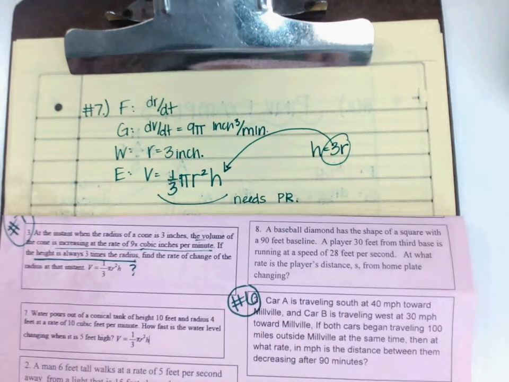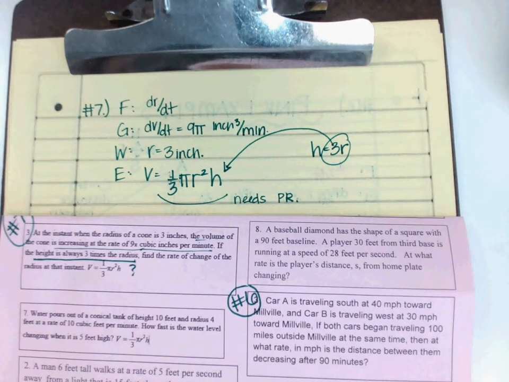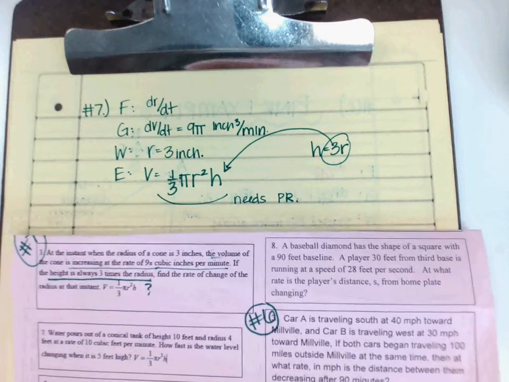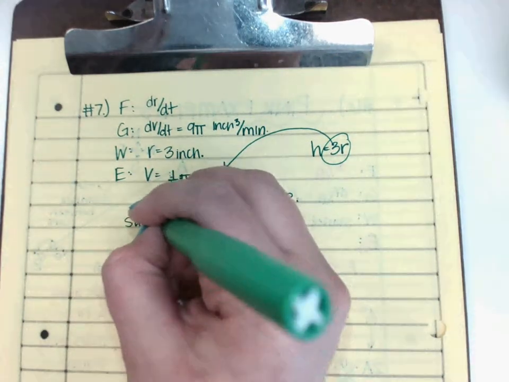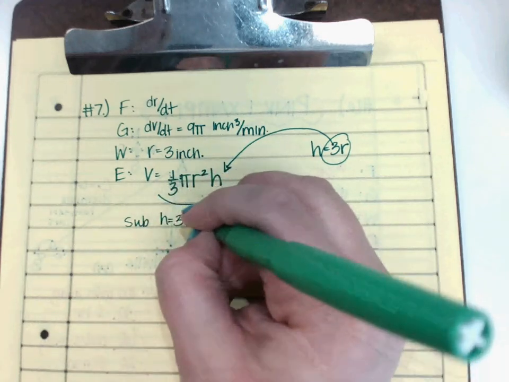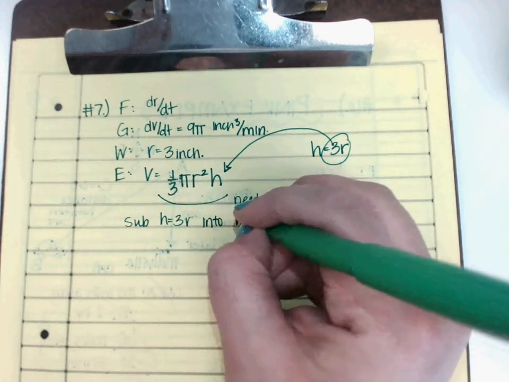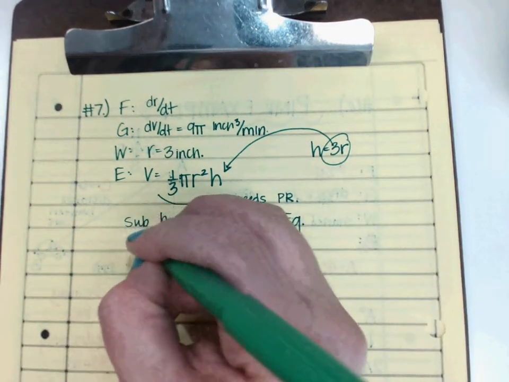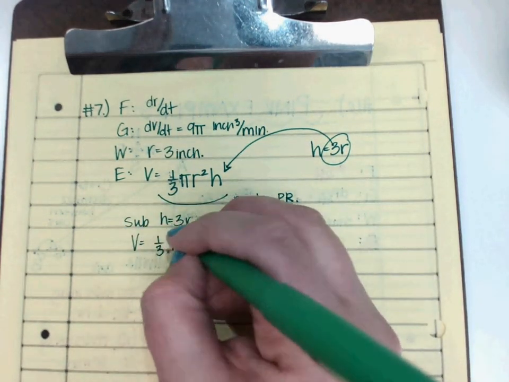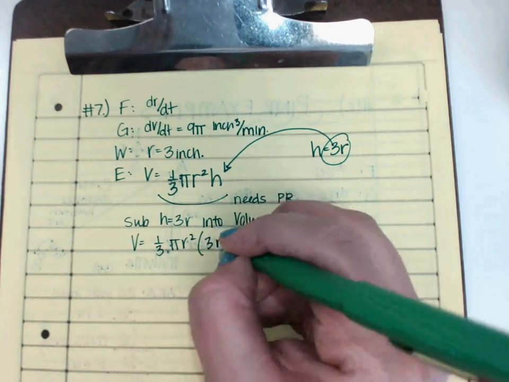Substitute h out, then it's all r's, then no more product rule. Remember, you only have to do product rule when you have a mix of different letters. So I'm going to sub h equals 3r into the volume equation. So now I have V equals 1/3 pi r squared, and now my h is a 3r.